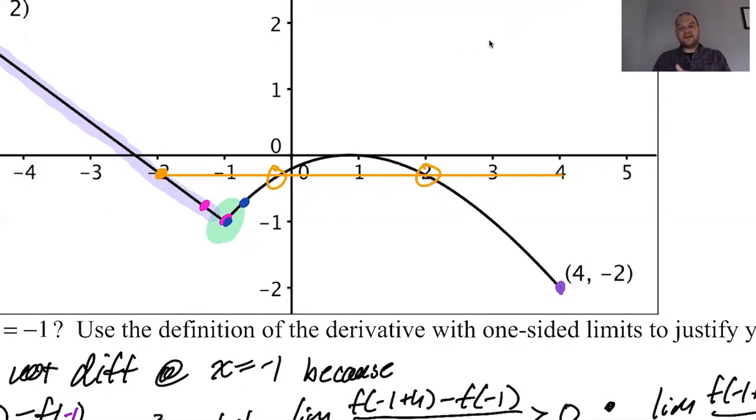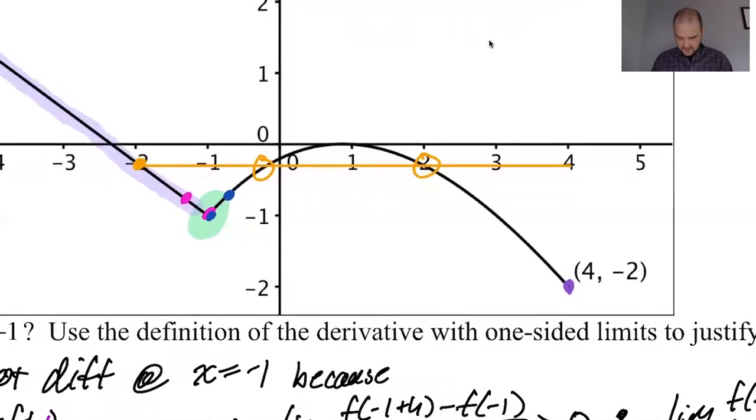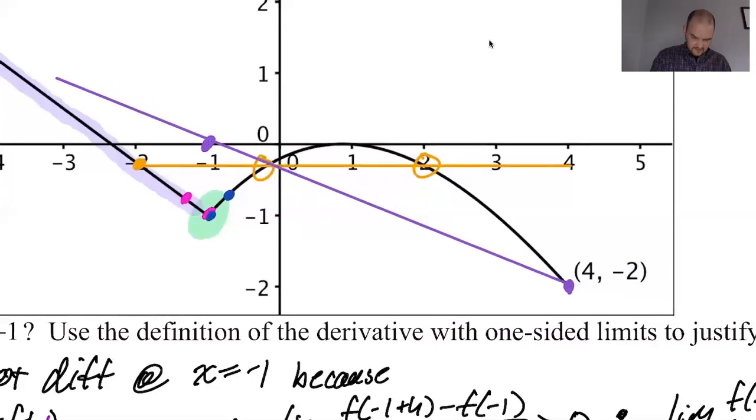But if I go 5 back and go 2 up, it does work that way. So 5 back and 2 up is going to take me to -1, 0, actually. So now I'm going to draw a line that goes through these. Pretty good.